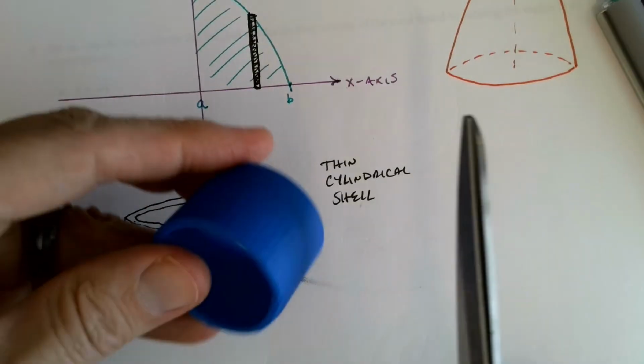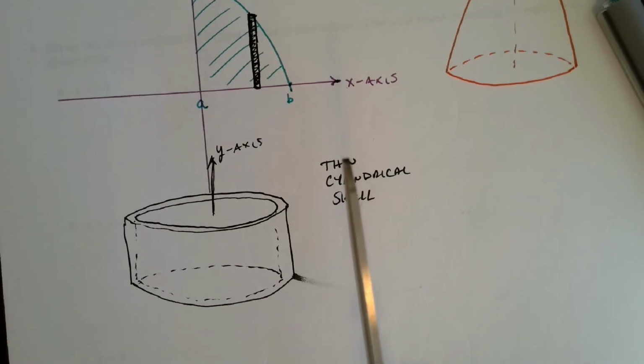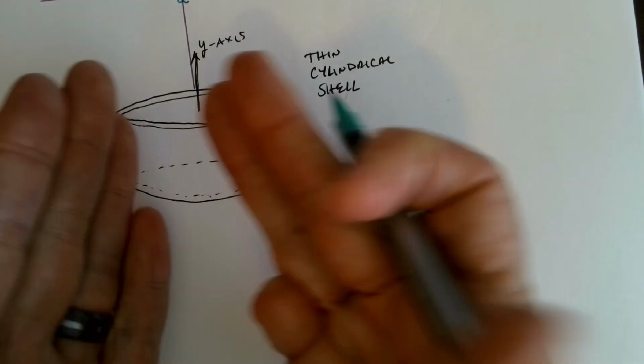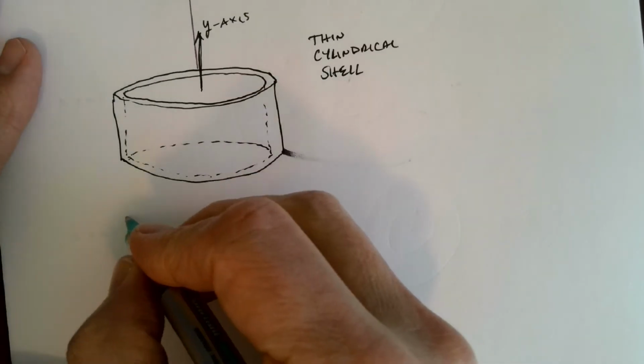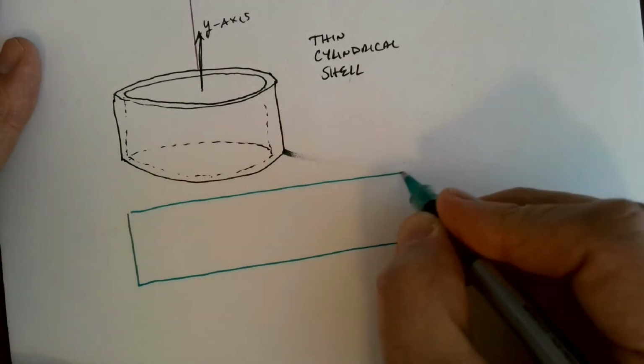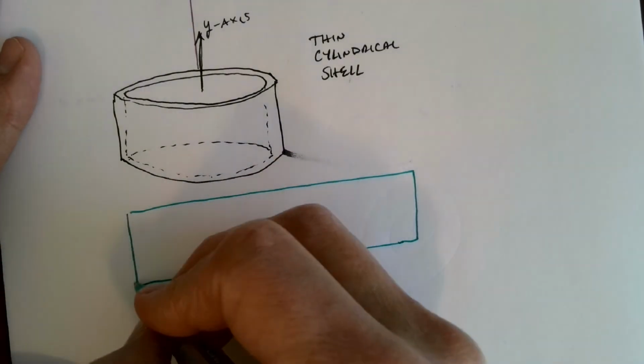Of course, this one's rigid. I wouldn't be able to unroll it, but imagine it was a malleable material. So I'm going to cut right along there, and then I'm going to fold it open. And when I do that, I'm going to get what I call a rectangular slab, if you will.